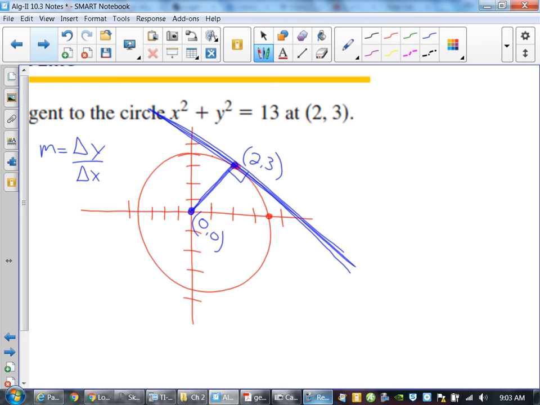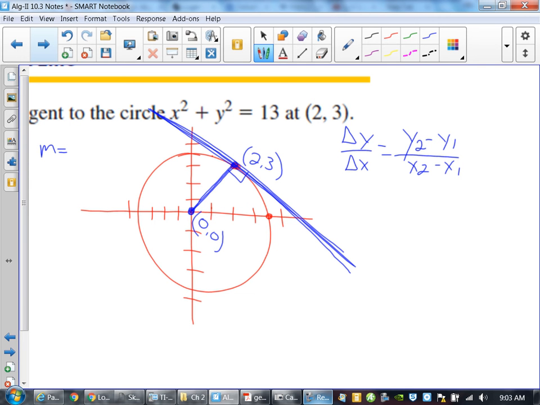In this case, we write it out long form, and I'll show you the shortcut in a second. y2 minus y1. If this is my first set of x and y values and these are my second set, isn't it just going to be 3 over 2? Yeah, and then the opposite reciprocal of that is -2/3.